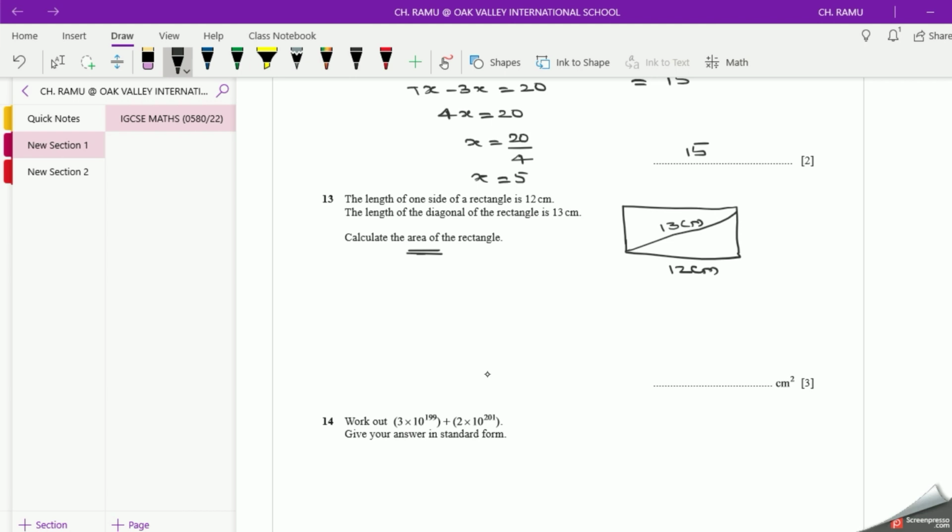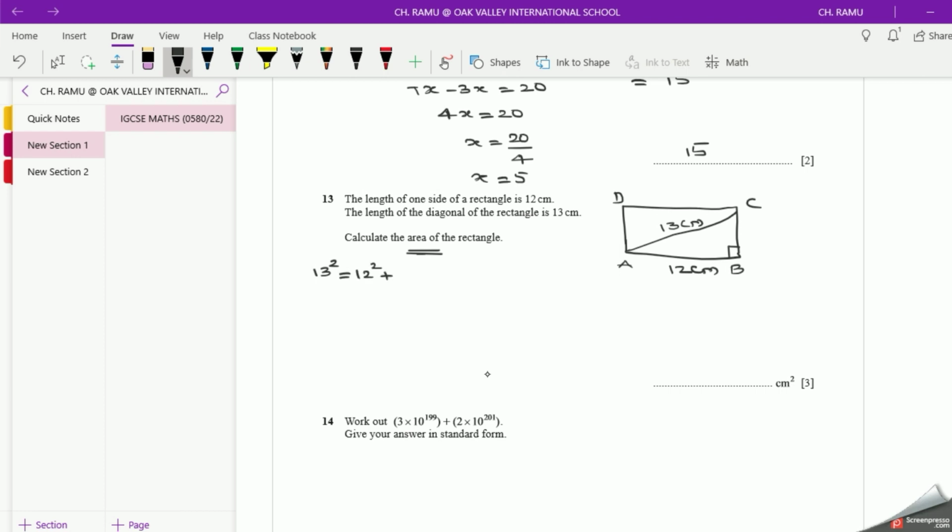Here we have a length but there is no breadth. But if you observe, in a rectangle each angle is 90 degrees, so triangle ABC is a right angle triangle. In a right angle triangle, we know the property: hypotenuse square is equal to the sum of the squares of the other two sides.